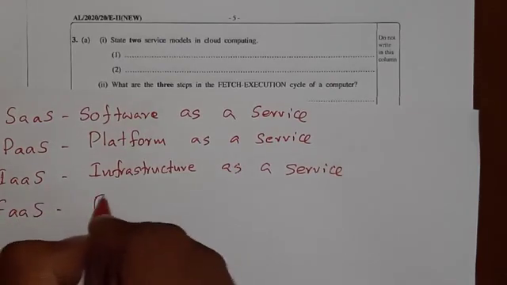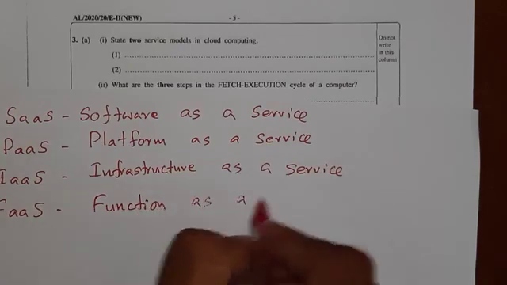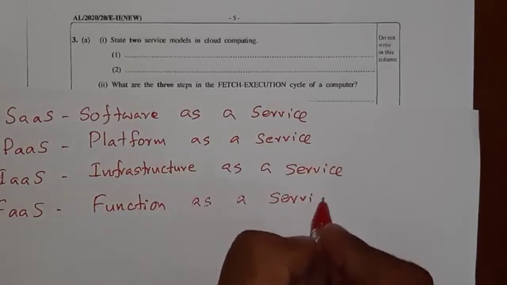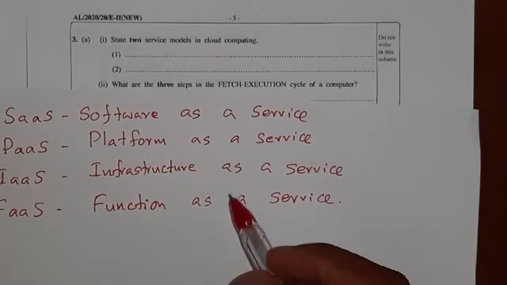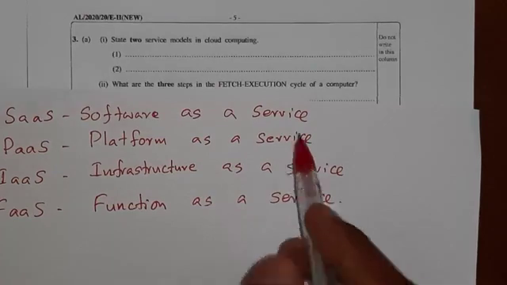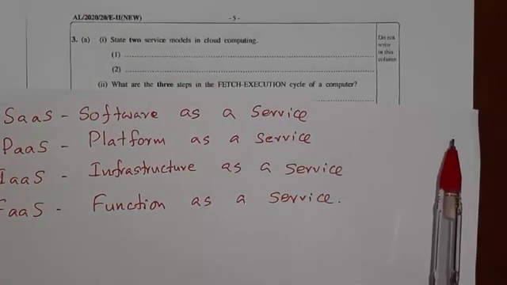FaaS, function as a service. These are the four models in cloud computing. You can write down any two, since they ask you only two.